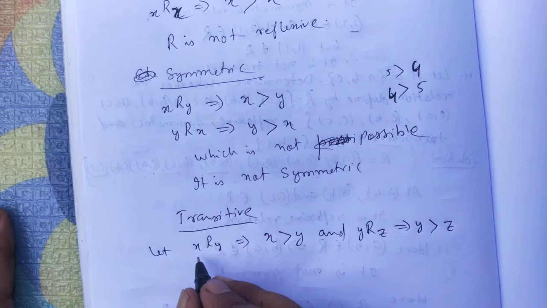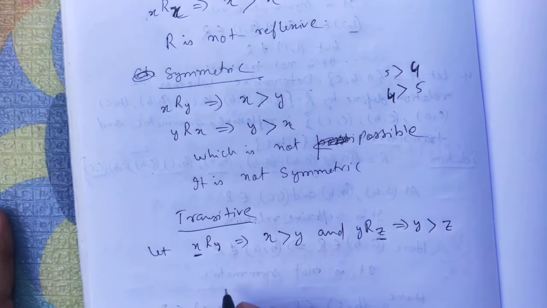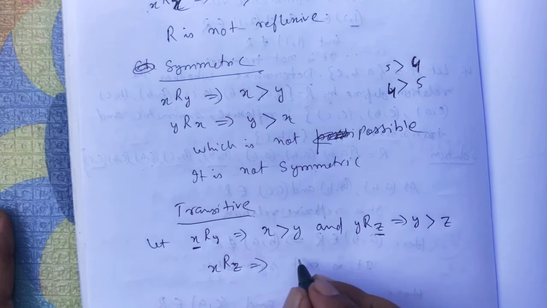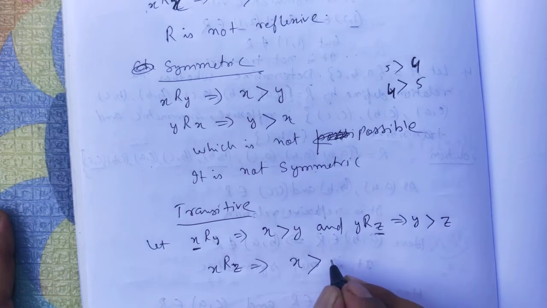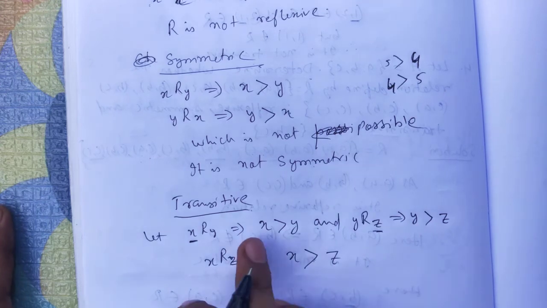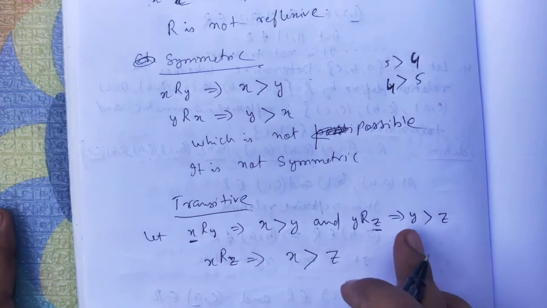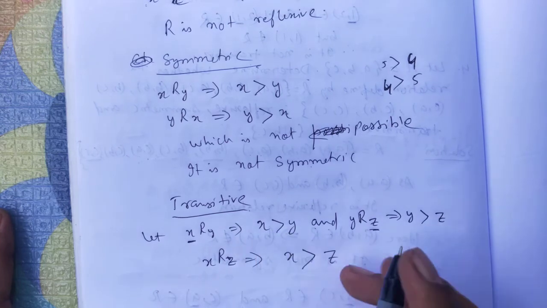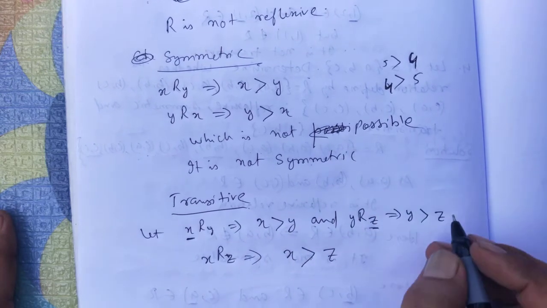Then if I take the relation x related to z, is it possible that x is greater than z? Yes, it is true. Suppose x is greater than y, and y is greater than z, that means x will be greater than z when you compare. So I can give a simple example.